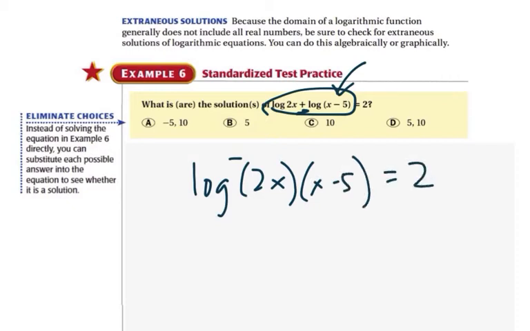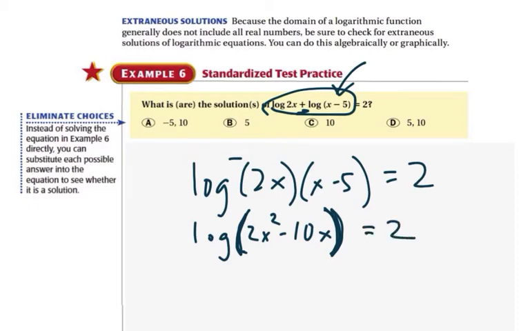And then you can simplify a little bit further by distributing the 2x, so this becomes 2x squared minus 10x. Notice that I'm adding the parentheses around both terms, because otherwise the log will only be applied to the first term. This is equal to 2.